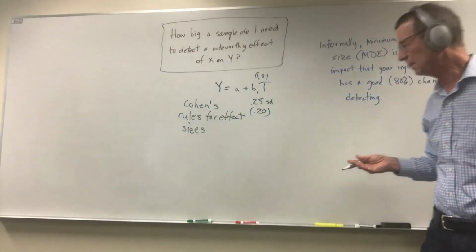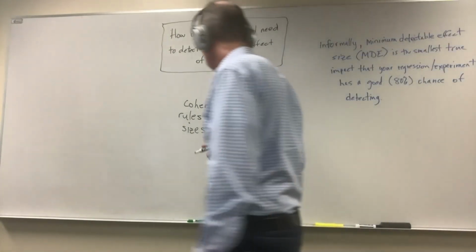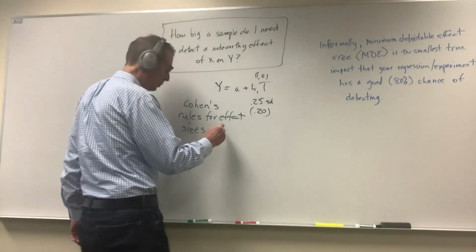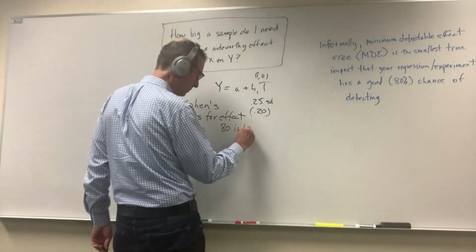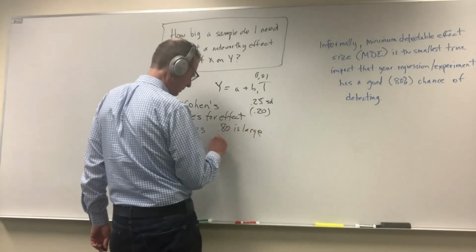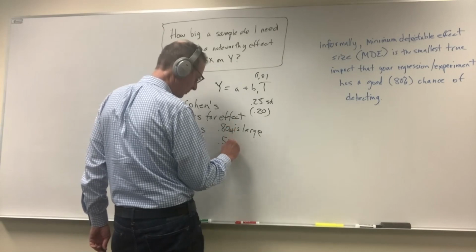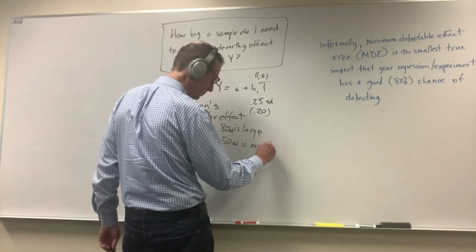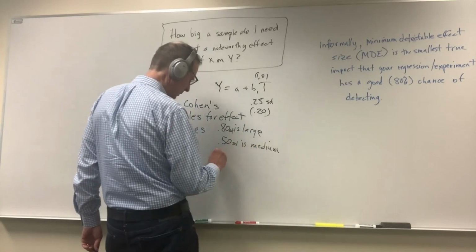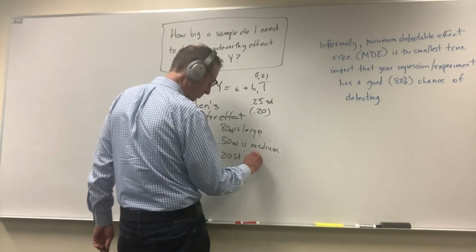They can be standardized regression coefficients. And his rules are 0.80 is large, 0.50, this is standard deviations, is medium, and 0.20 is small.